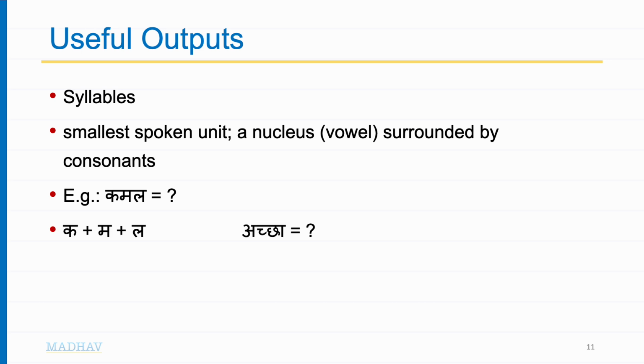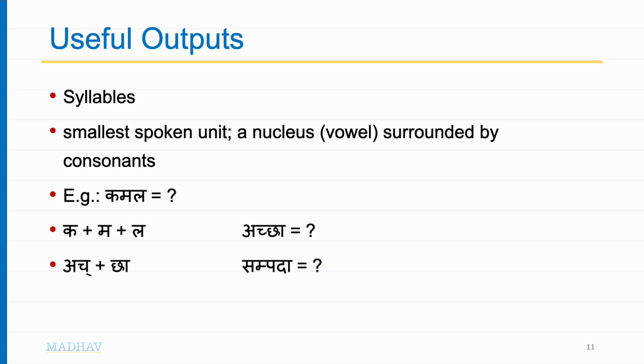Okay. Acha. How many syllables? What are those? A and cha, or ach and cha. Okay, so there are 2, ach and cha, right? Because you can't say a-cha that way, that's difficult.